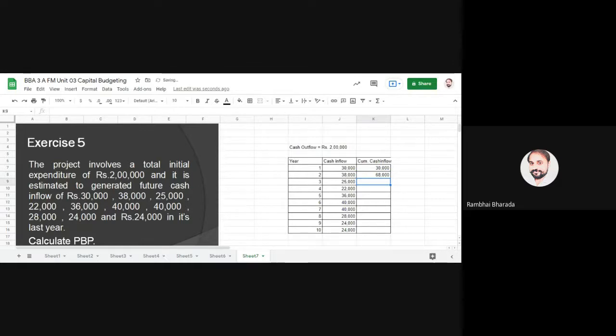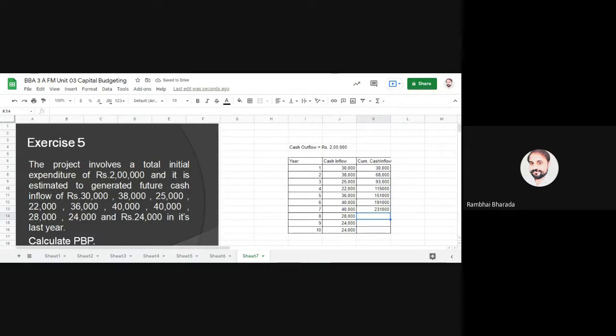Now 68 plus 25, 93. 93 plus 22, wait, 115. 115 plus 151, 191, 231, right?